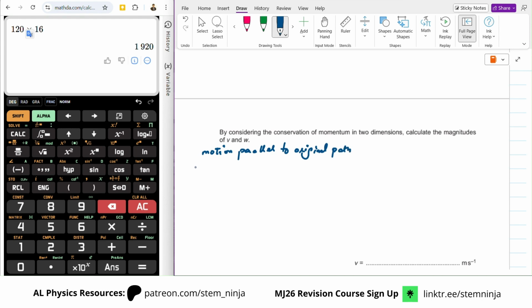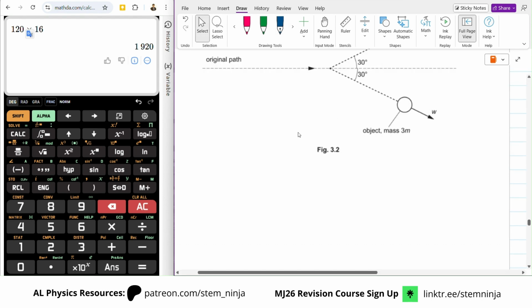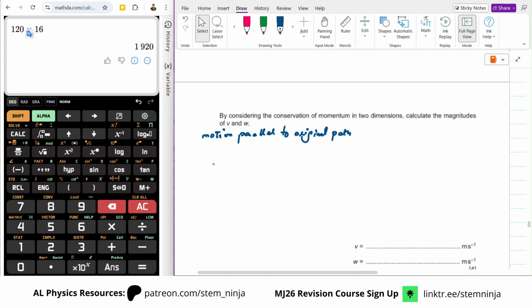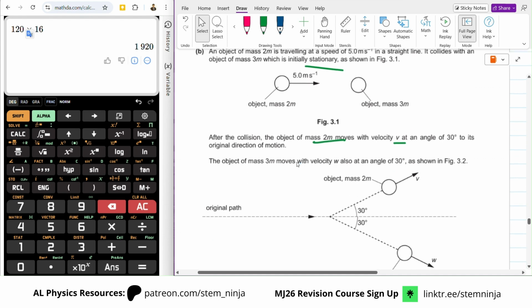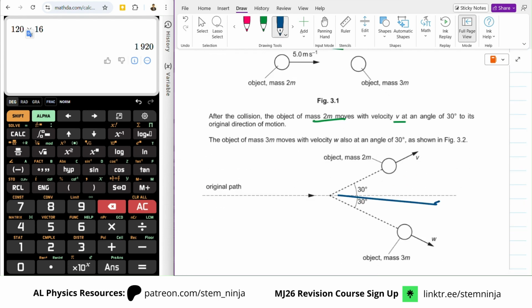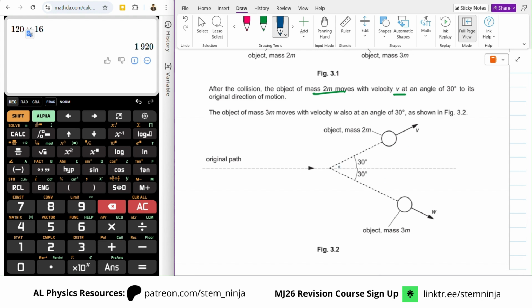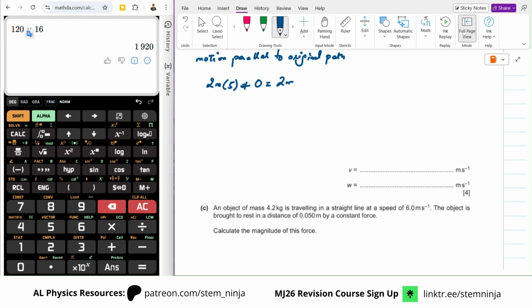So that would be, wait a second, sorry, what was it? 2m times 5 plus 0, because initially it was stationary, equals, oh sorry, no, you have 2mv cos 30 plus 3mw cos 30.